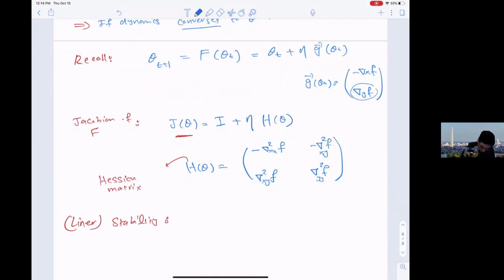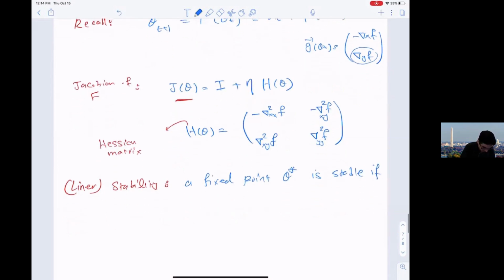So a fixed point theta star is stable, or linearly stable, if I look at the spectral norm of my Jacobian evaluated at theta star, which is equal to the largest magnitude of the eigenvalues of my Jacobian.